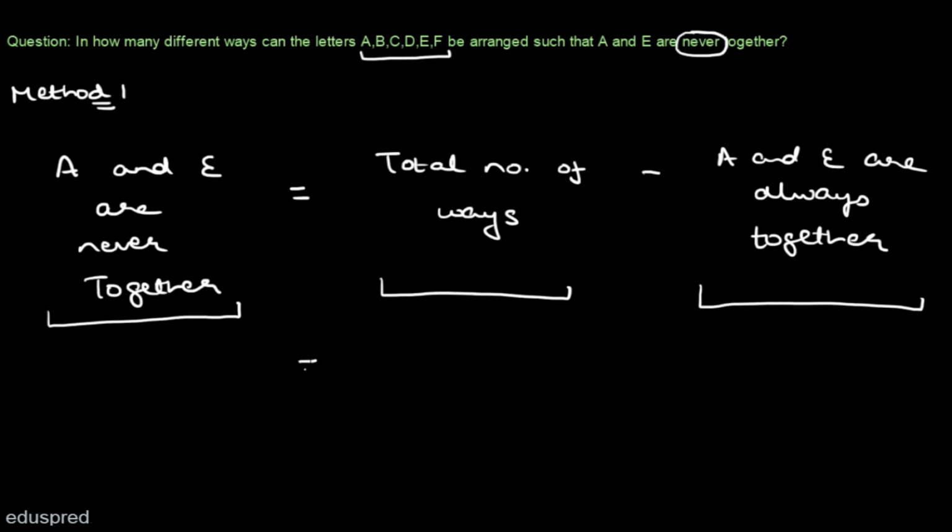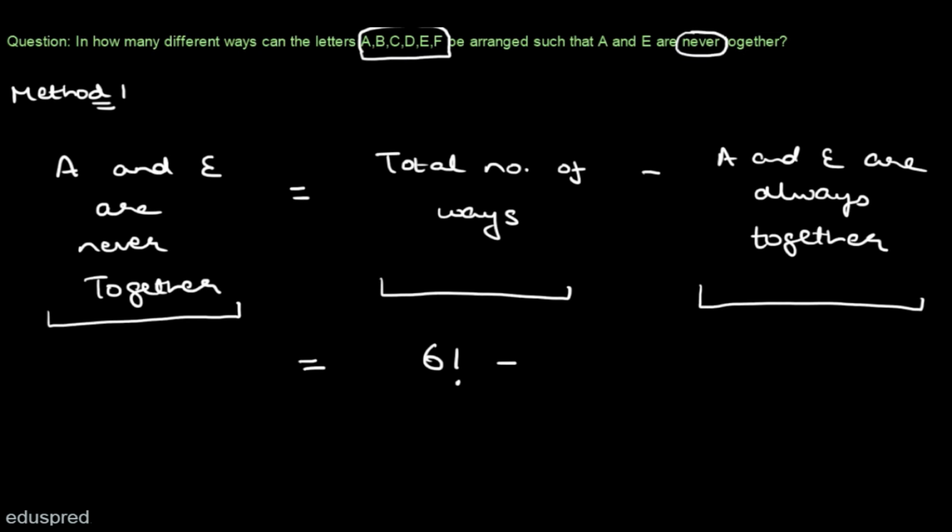So let's complete this. By total number of ways, I mean the total number of ways in which you can arrange these 6 letters without any condition. So we know that these are 6 different letters. So without any condition, these 6 different letters can be arranged in 6 factorial ways. And we have already found the number of ways in which we can arrange these 6 letters such that A and E are always together.